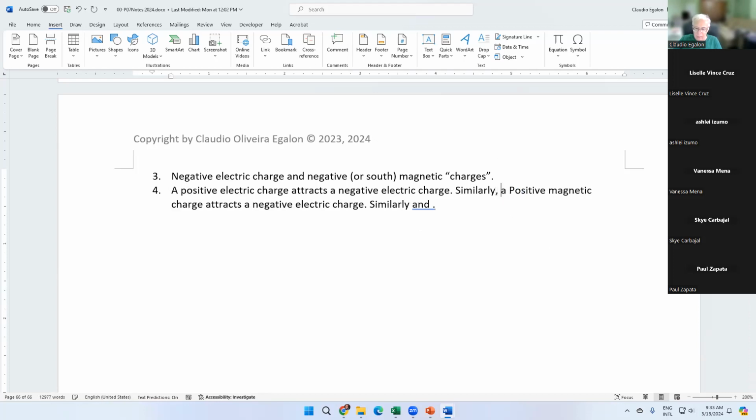Similarly, a positive magnetic charge attracts a negative magnetic charge. And vice versa. So, similarities and differences.